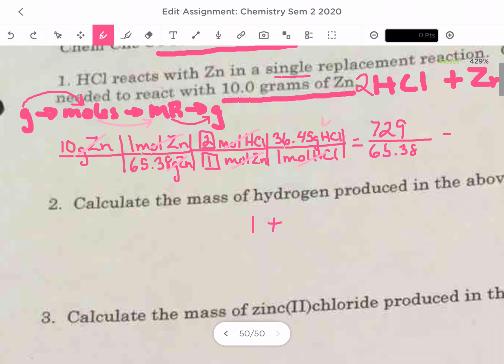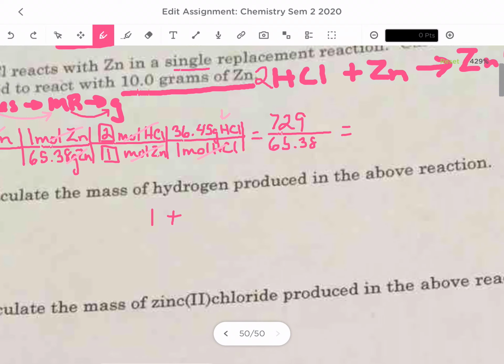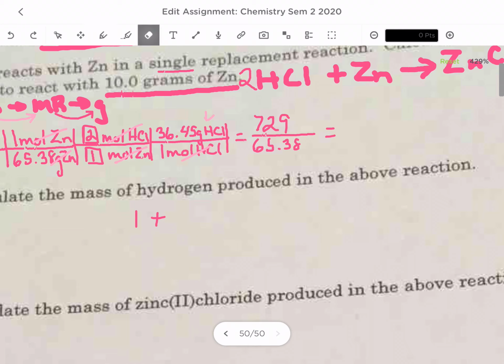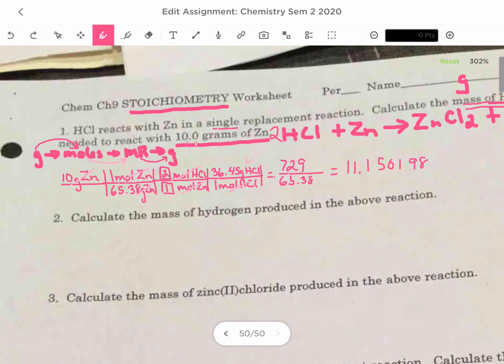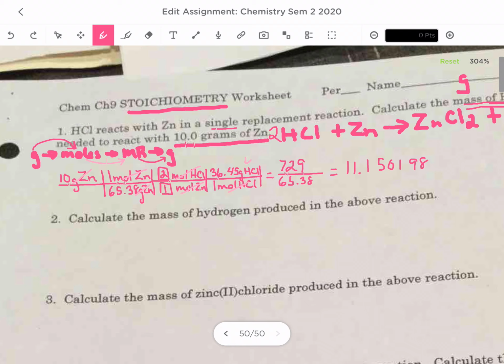Now 729 divided by the 65.38 gives us this number. Let me erase that for you guys real quick. Okay, gives me 11.150198 blah blah blah.